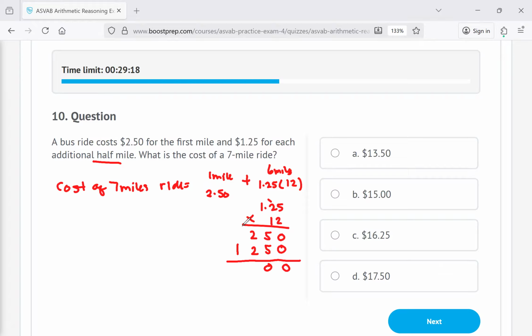And then what's 15 plus 250? 0, 5, 7, so 1750. Good.